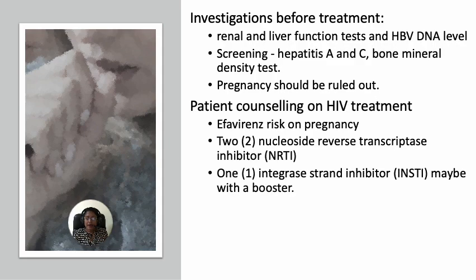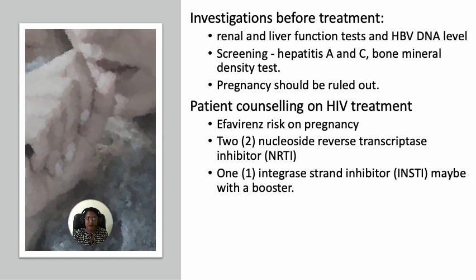In this case, we need to counsel the patient about the new treatment that she is going to receive. And the treatment that you may choose to start her on would be two nucleoside reverse transcriptase inhibitors and one integrase strand inhibitor, with maybe a booster.